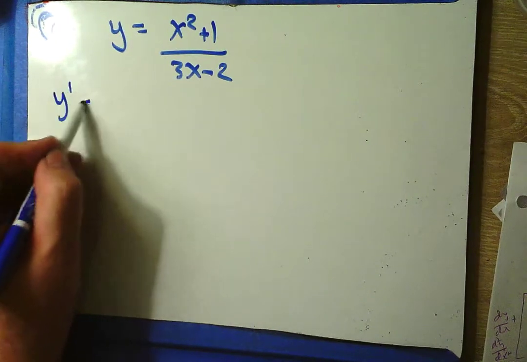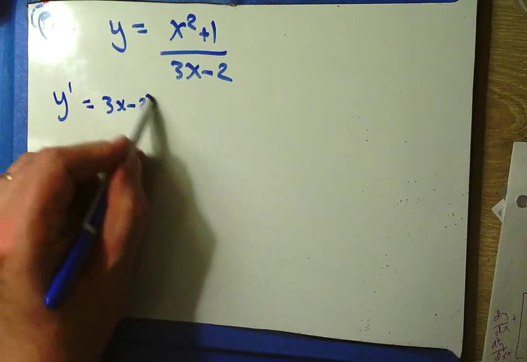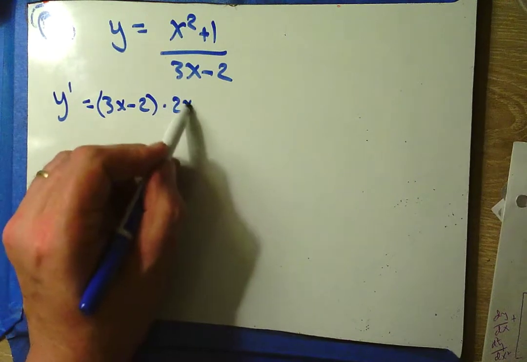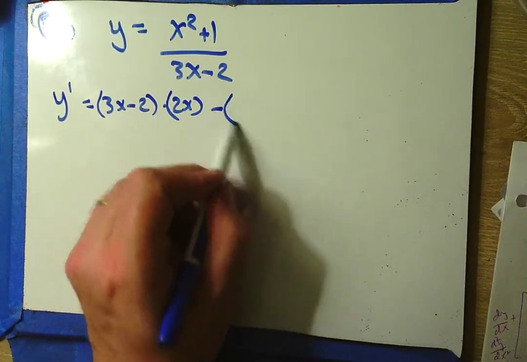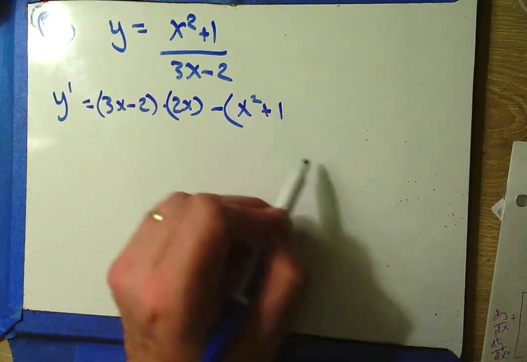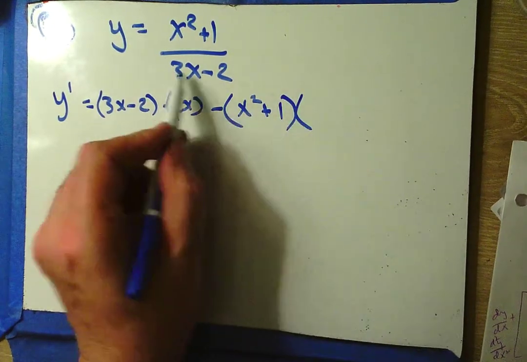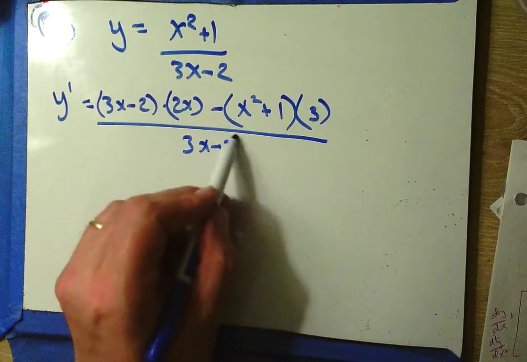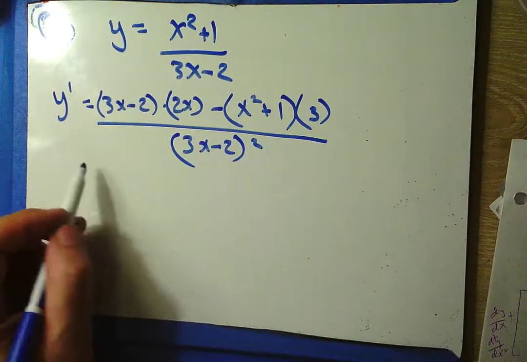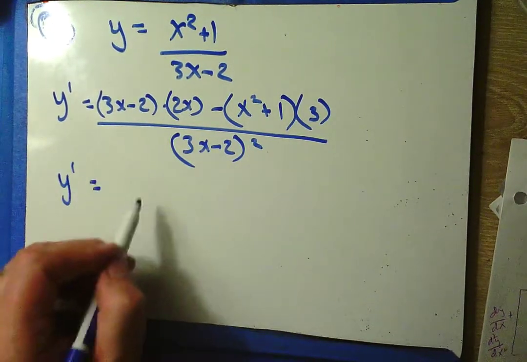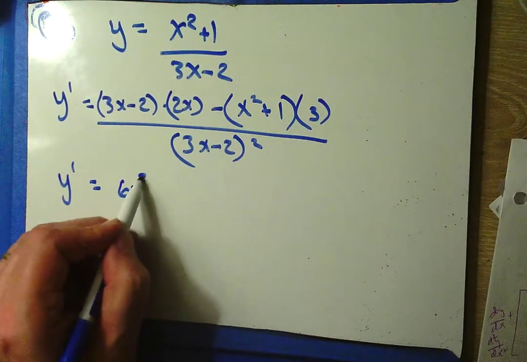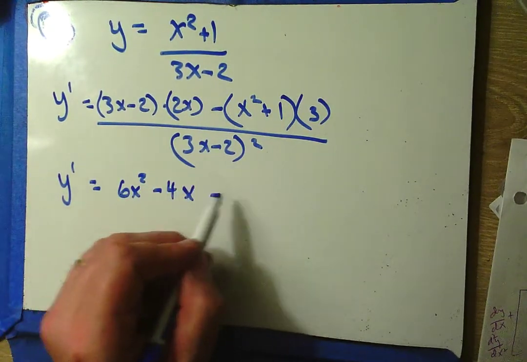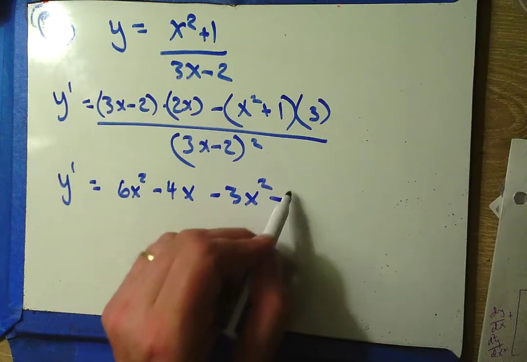So y prime equals low d high minus high d low all over low squared. And so we get y prime equals 6x squared minus 4x minus 3x squared minus 3.